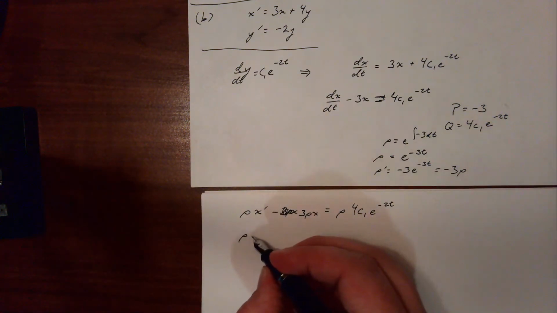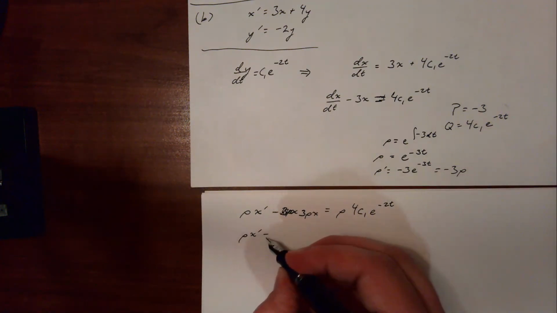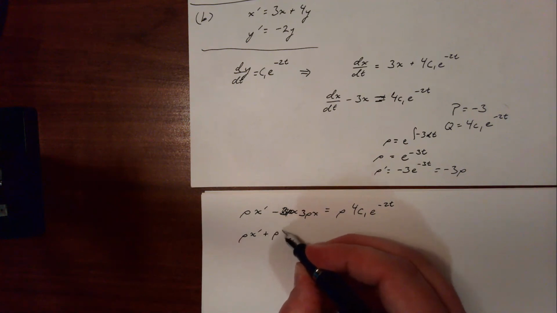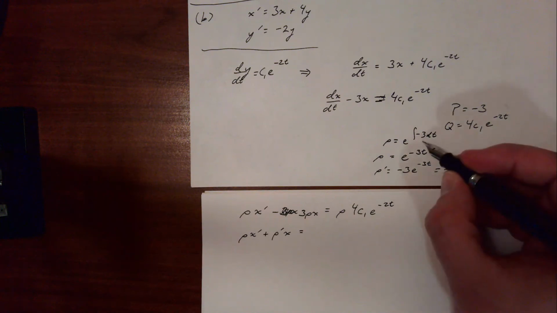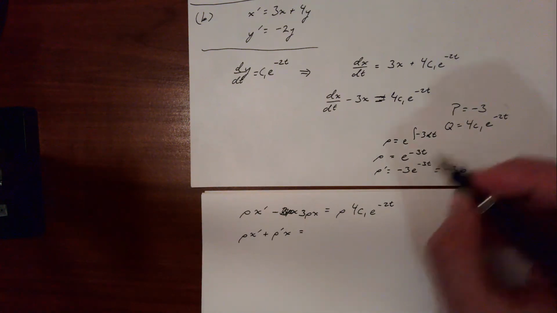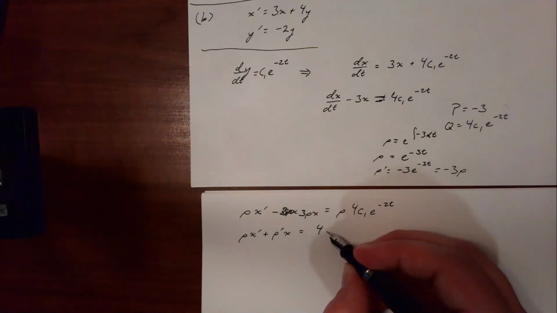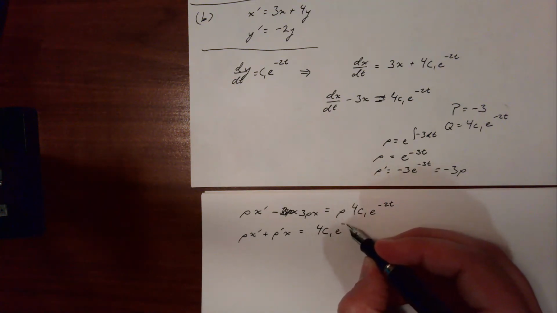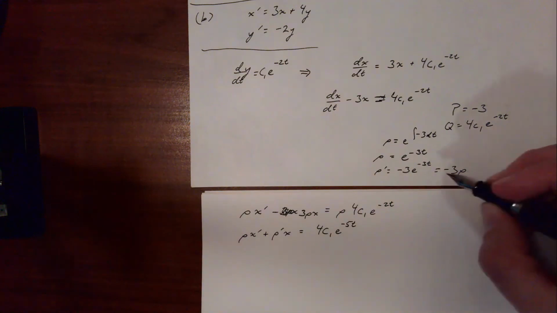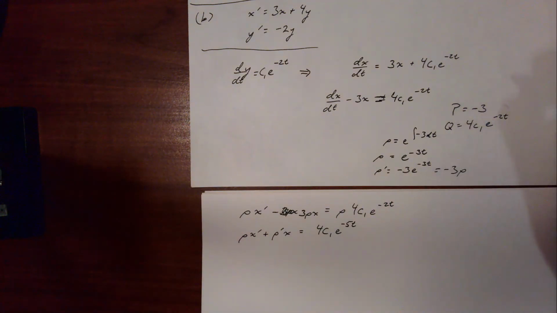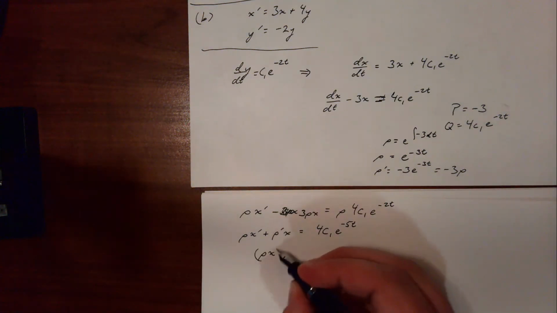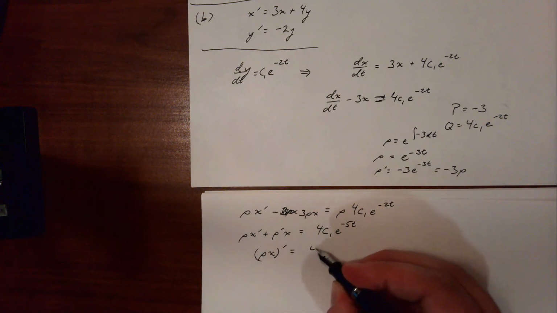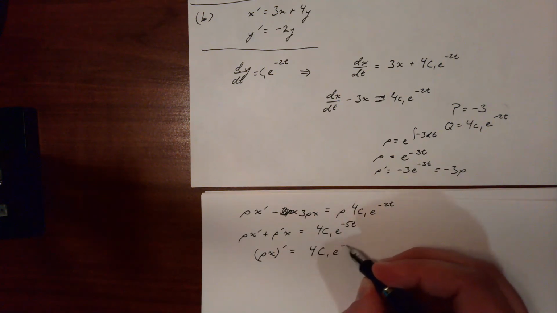So then you've got rho x prime plus rho prime x is equal to, and over here we can just plug in what we actually have. So we have 4c1 e to the negative 5t, which is what happens if I multiply rho by e to the negative 2t. So then rho x all prime equals 4c1 e to the negative 5t.